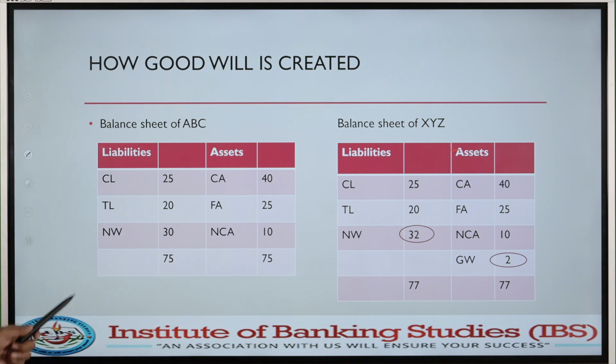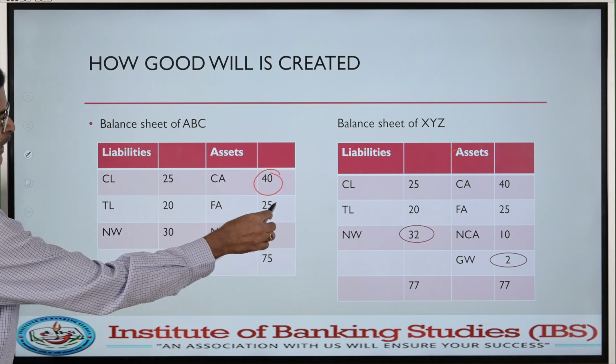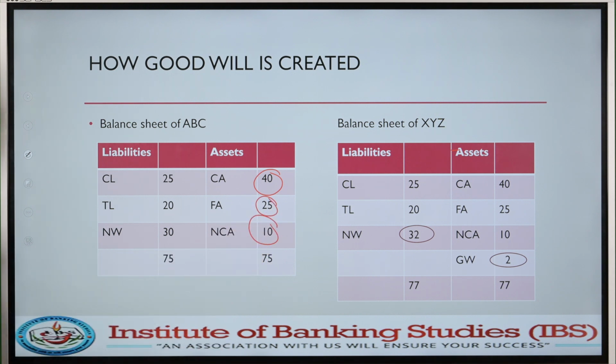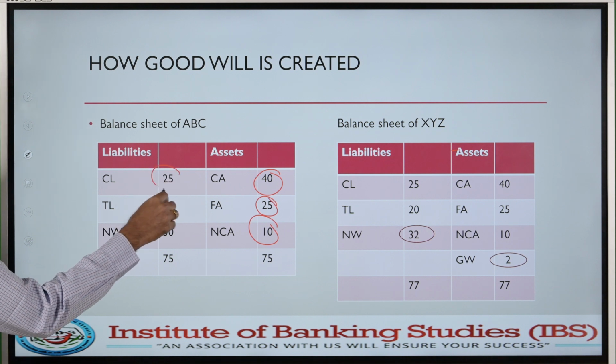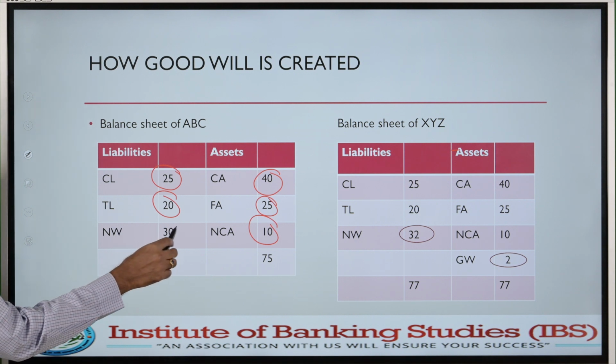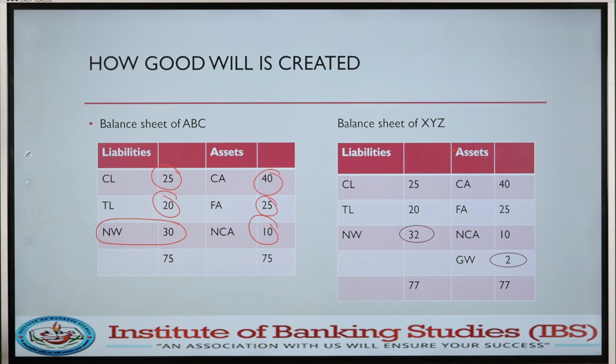So definitely what XYZ company will do is take over the entire current assets, the entire fixed assets, the entire non-current assets, and simultaneously it will take over the liabilities of the firm also, 25 and term liability 20. So definitely this is the amount which ultimately XYZ company has to pay to ABC company.